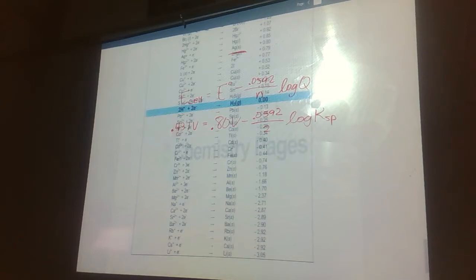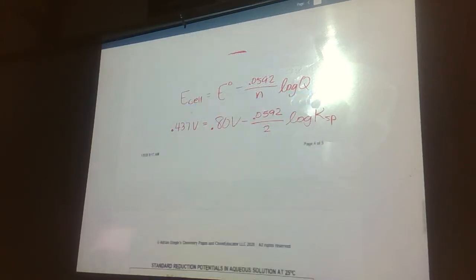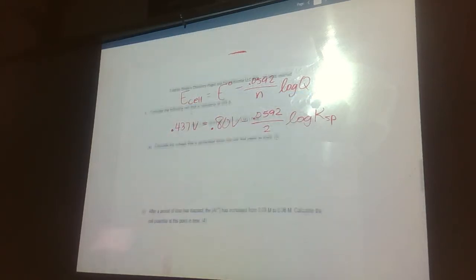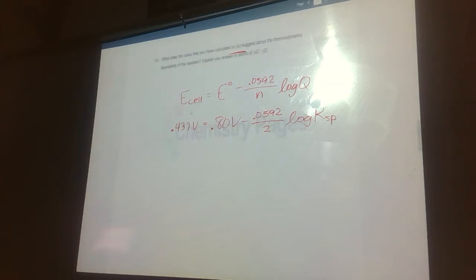That must be an error, because it should be 2, because hydrogen is 2. Yes? Can you work that problem out? Because I don't understand how they got their answer. I don't understand how it turned out to be a whole number times 10 to a negative power. I thought it would be 10 to a certain power.